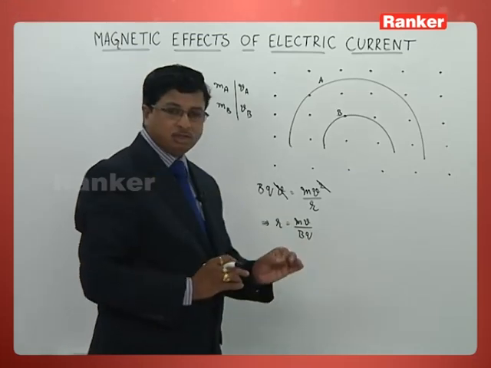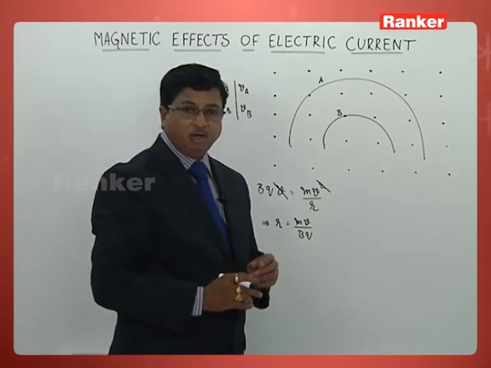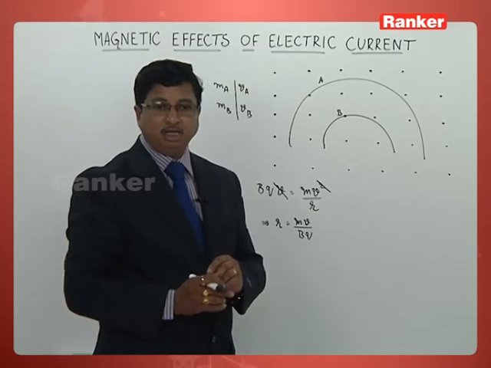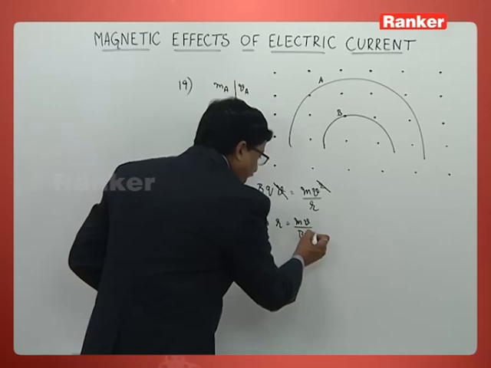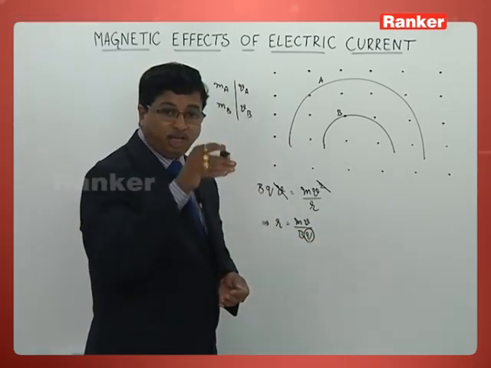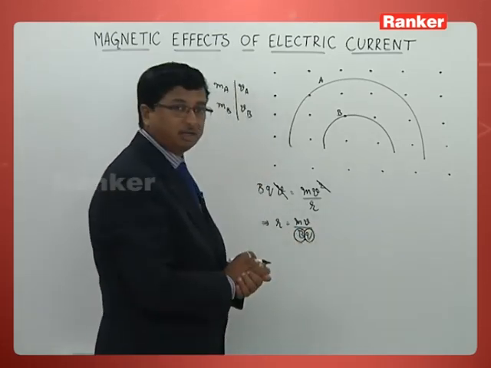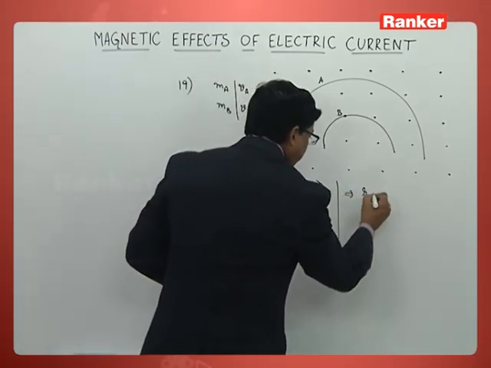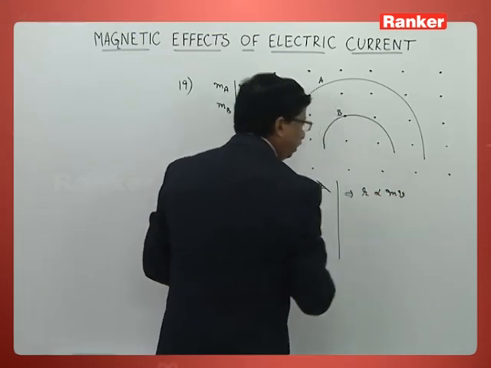But according to the concept given, he said two particles A and B of masses MA and MB having the same charge. So, charge is constant. They are entering into the same magnetic field. That means magnetic field also is constant. Then what can I conclude here? That implies radius is proportional to m into v.